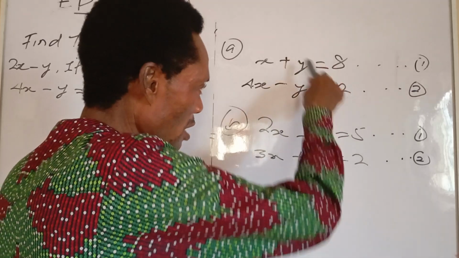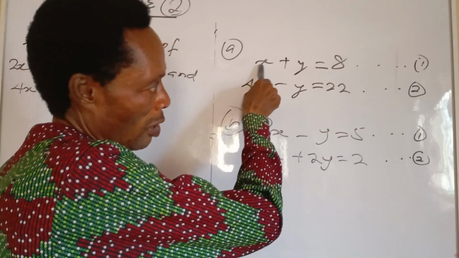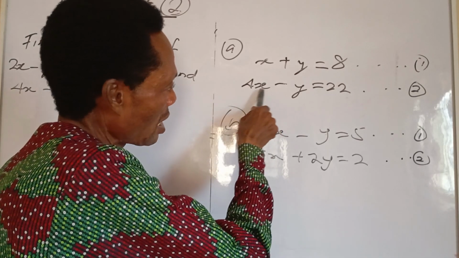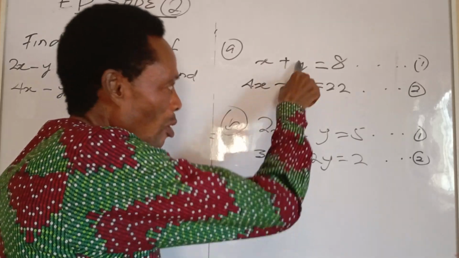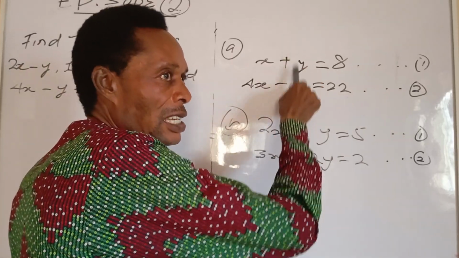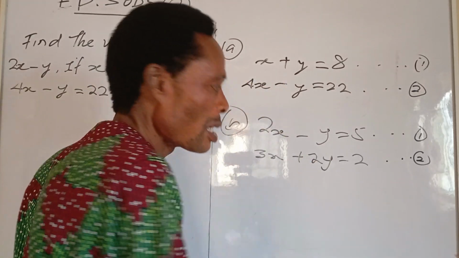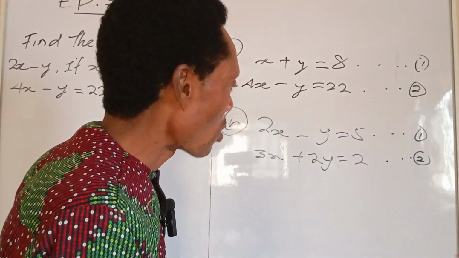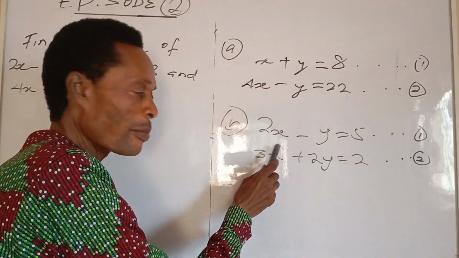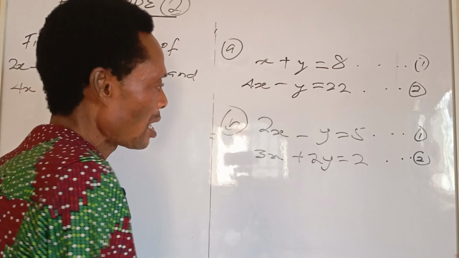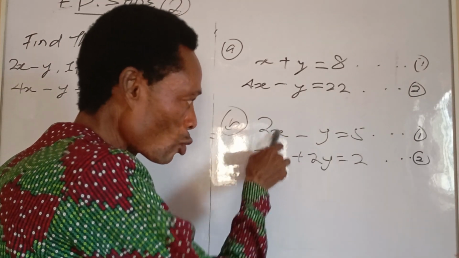So in A, despite the fact that the coefficients of x in equation 1 and equation 2 are not the same, the y coefficients are the same. This is the example of a uniform coefficient problem. But B is an example of a non-uniform coefficient problem. For you to use elimination here, you have to make the coefficient of x in equation 1 and 2 the same.